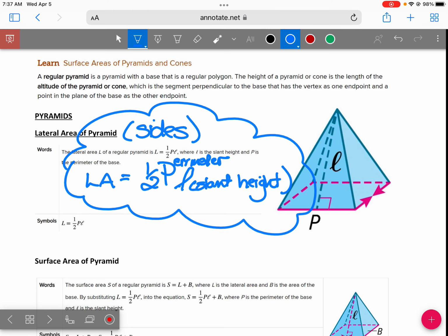But we have to use the slant height so it comes together at that single point. It's a cursive L with a parenthesis slant height. All right, so that's just the lateral area, the sides.